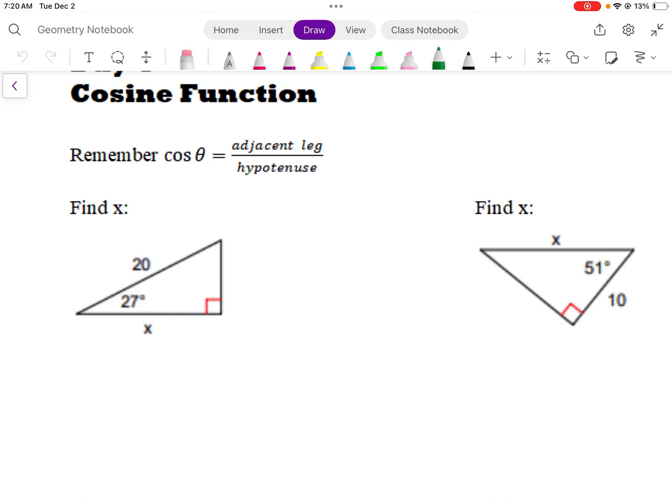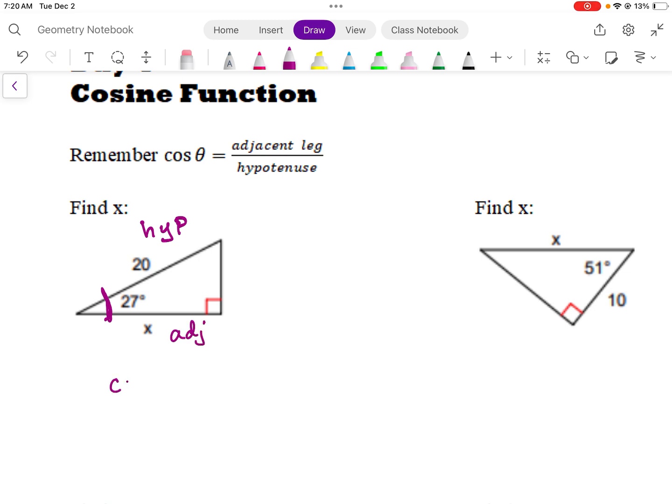Okay, so today is cosine, and you just have to remember adjacent over hypotenuse. So C-A-H. All of these should be cosine things, unless, of course, I've made a typo. When I look at angle 27, I notice that 20 is the hypotenuse, and x is the adjacent side.